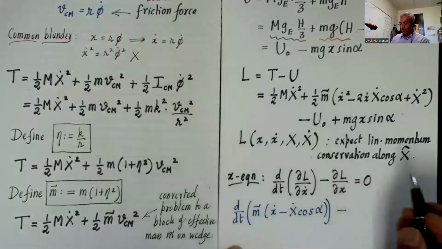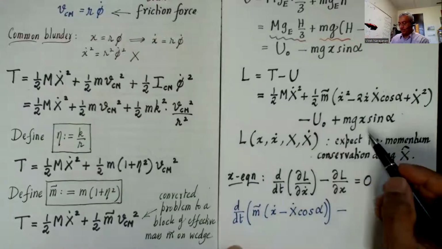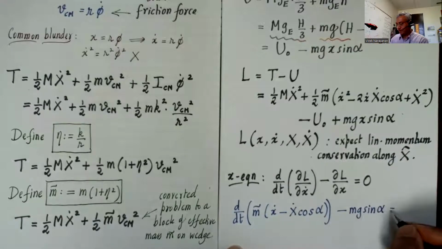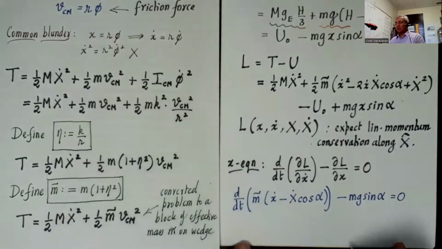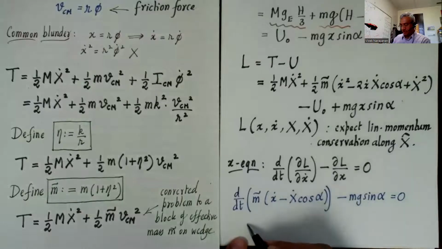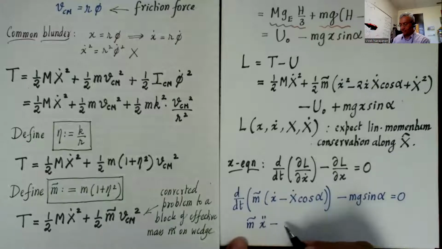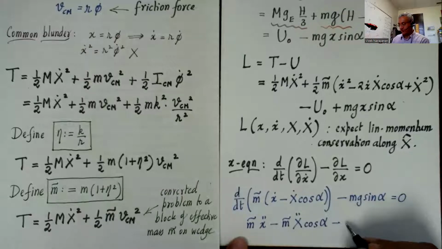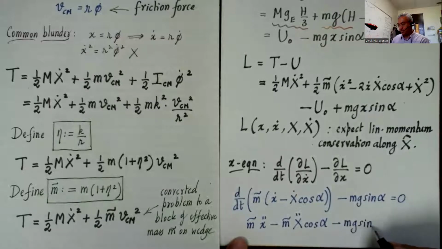And then minus del L by del x. That just gives me mg sine alpha equal to 0. So I can expand this out a little bit. I'll take a double derivative. Since m is not changing, I'll write m tilde x double dot minus m tilde capital X double dot cosine alpha minus mg sine alpha equal to 0.